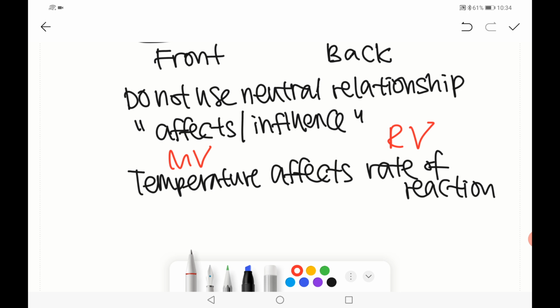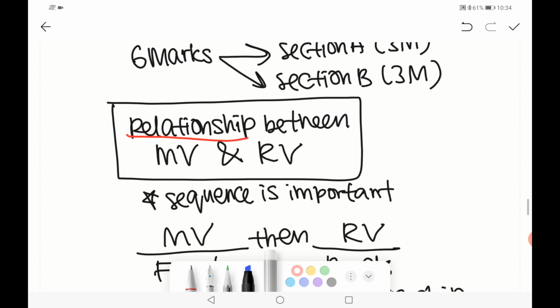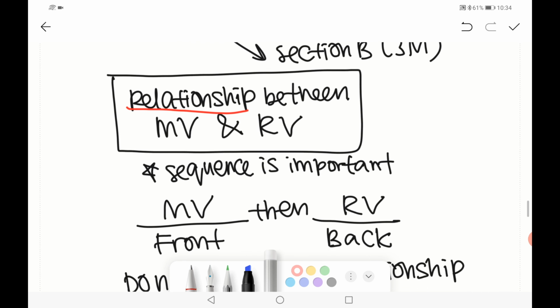Why? Because you don't tell people in enough detail how the temperature affects the rate of reaction. We only know that there is a relationship between temperature and the rate of reaction, but what is the relationship? When you talk about relationship, it must be very detailed.